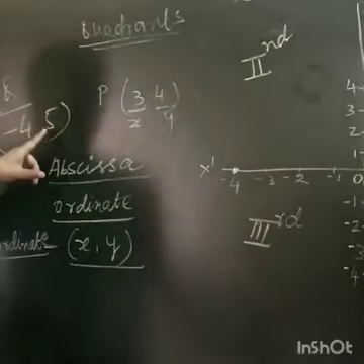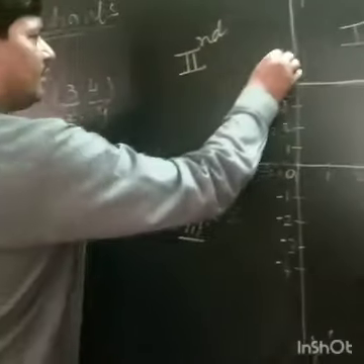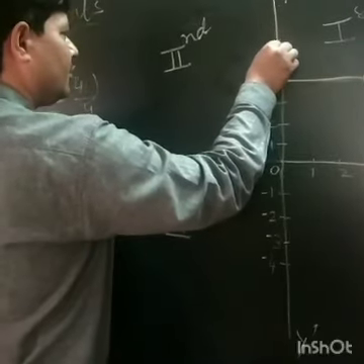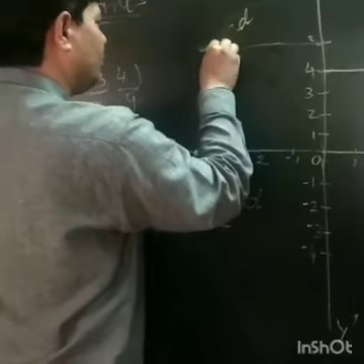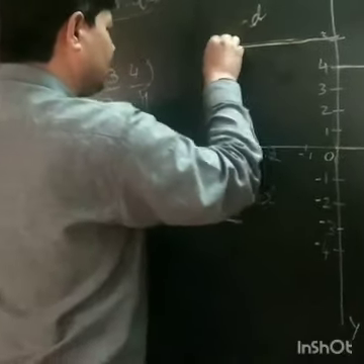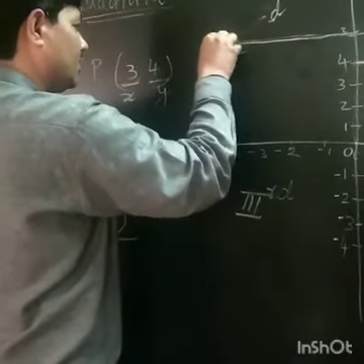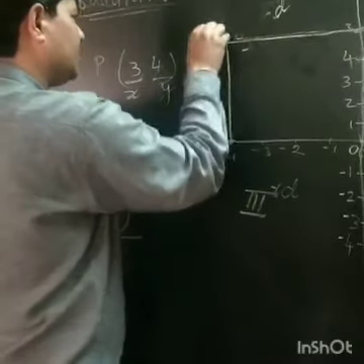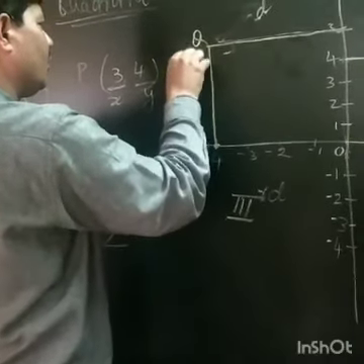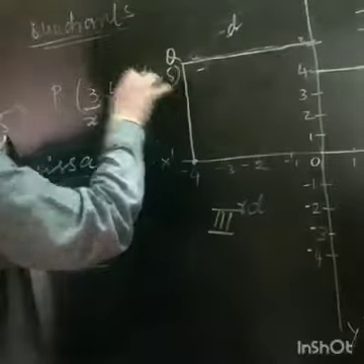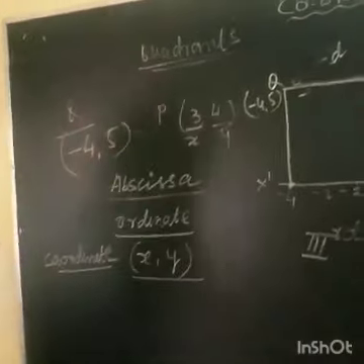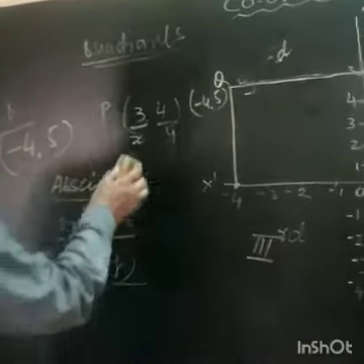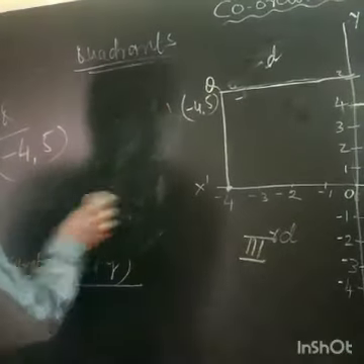The distance traveled on the y-axis is this 5. If you mark this point, you get the exact location of the point Q (-4, 5).